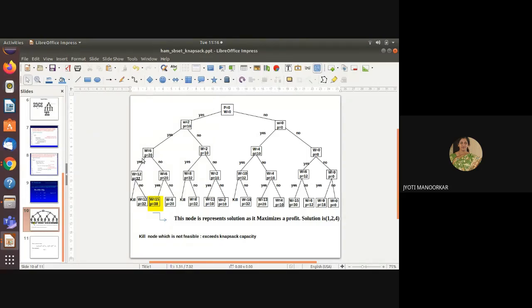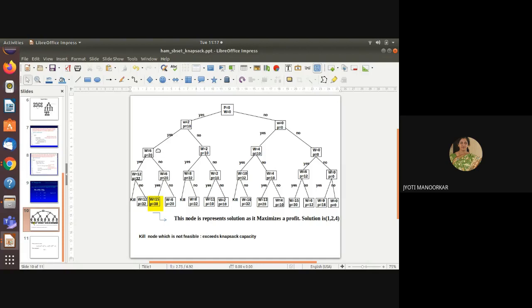and after adding the second element, my weight becomes W equal to 6. So 6 is less than 13, so the second element can be included in the knapsack. So we will create this node. W is equal to 6, and its profit also gets updated.